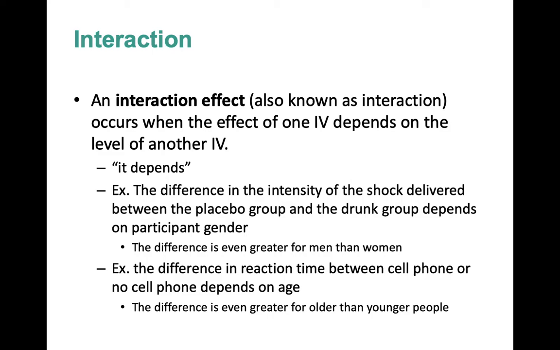And this occurs when the effect of one independent variable depends on the level of another independent variable. An interaction between two IVs allows researchers to determine whether the effect of one IV depends on the level of another.